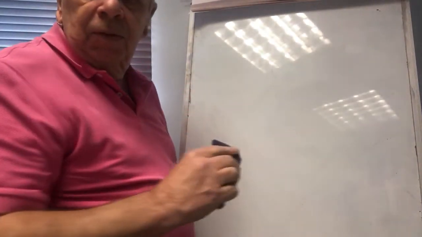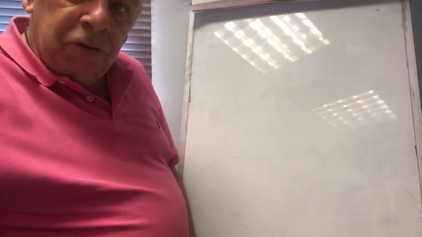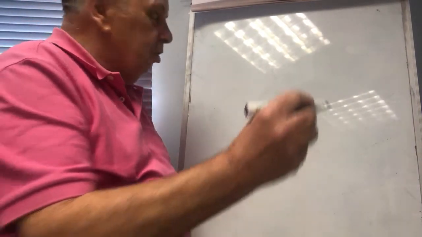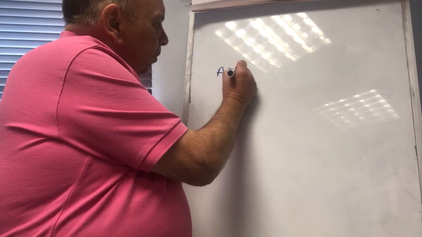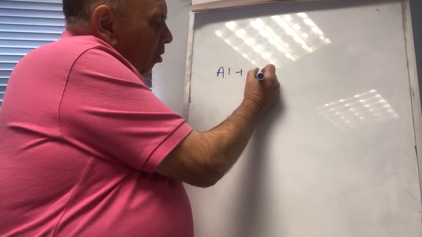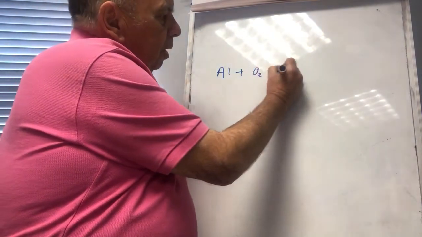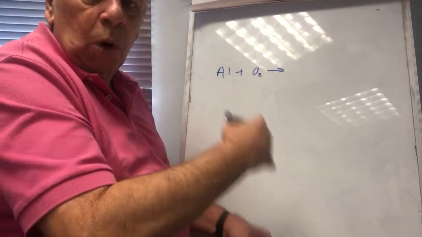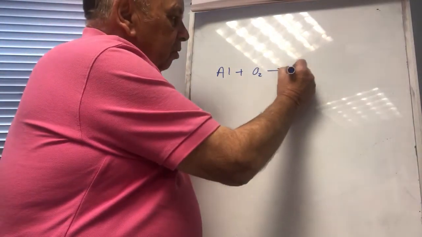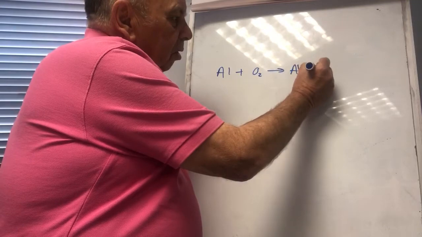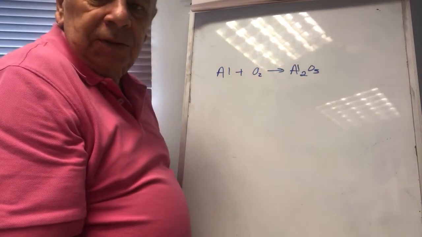Another example of corrosion is aluminium, which reacts with oxygen and turns whitish because aluminium oxide is formed.